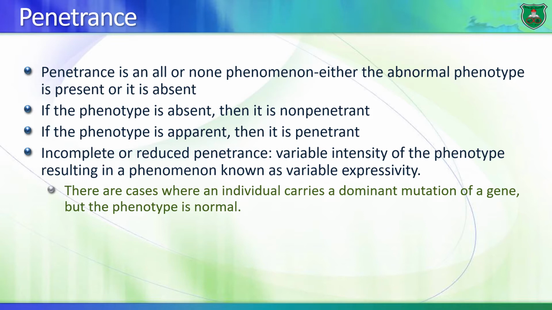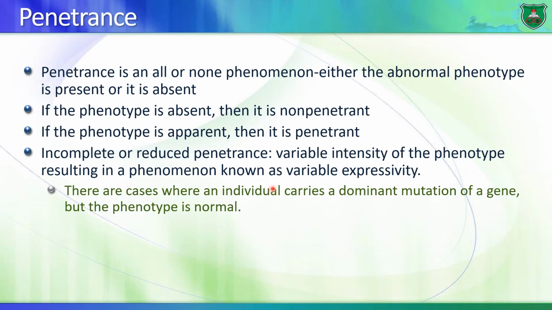Now, sometimes in dominant disorders, you would get incomplete or reduced penetrance. So there's variability; it's not 0 or 1, affected or not affected. You can have 0.1, 0.2, according to severity. You can have severe cases, or you can have mild cases, so you have variable intensity of a phenotype.